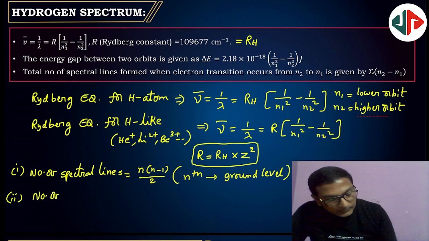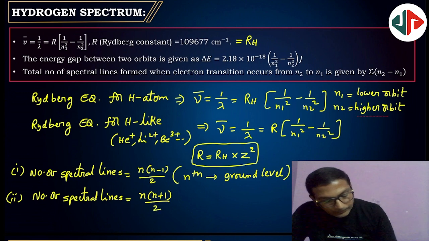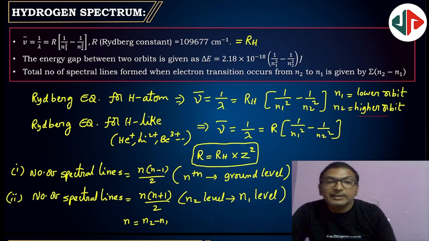Similarly, number of spectral lines equal to n into n plus 1 by 2, where n is n2 minus n1, when electron jumps from n2 level to n1 level, where n1 is not ground level.